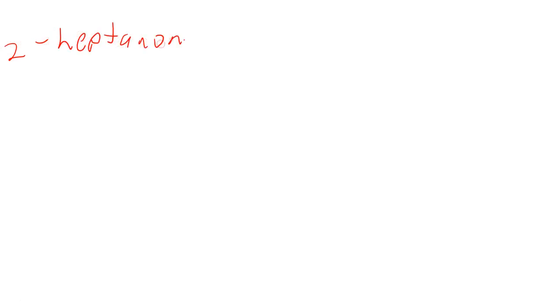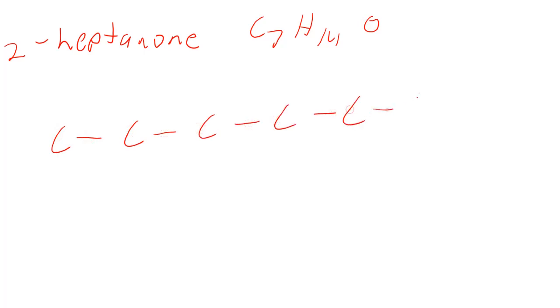So let's do our next molecule, which is 2-heptanone. So 2-heptanone has a molecular formula of C7H14O. So we're going to put our carbons in: 1, 2, 3, 4, 5, 6, 7.